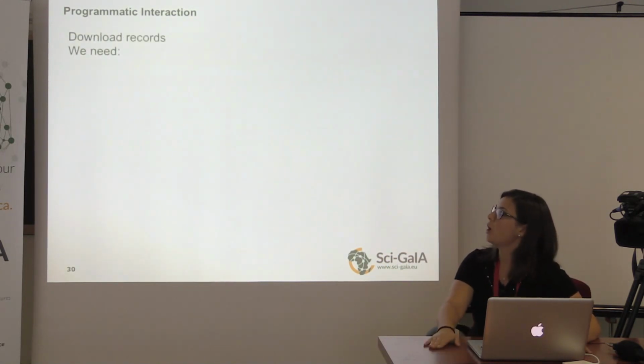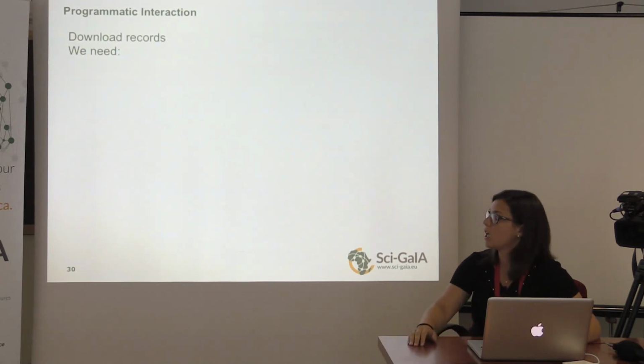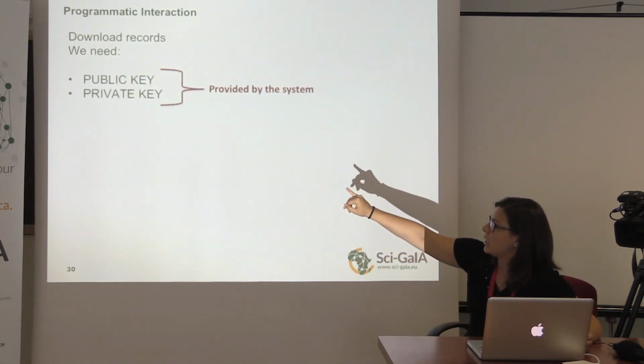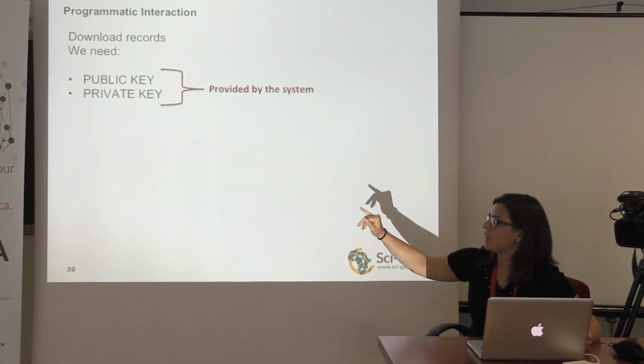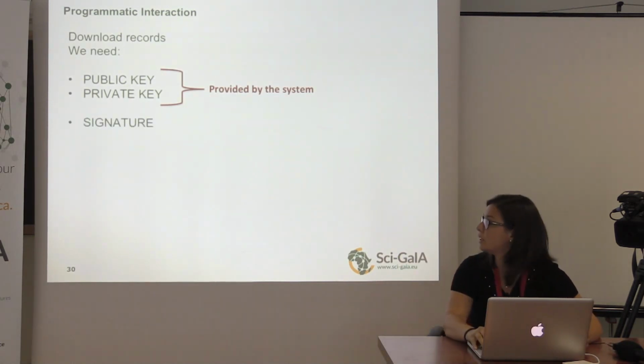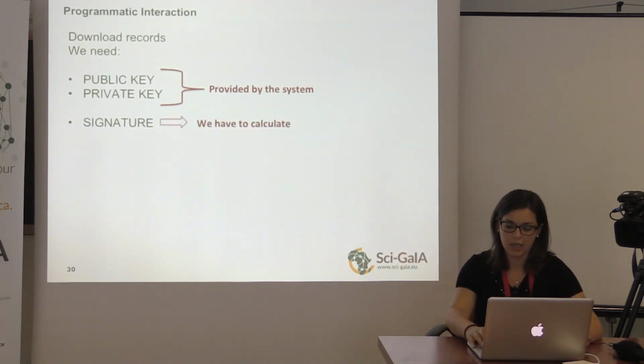Now we are going to view how you can download one or more records. If you want to download records, you need the public key and private key that are provided by the system. And you need a signature that you have to calculate. How?